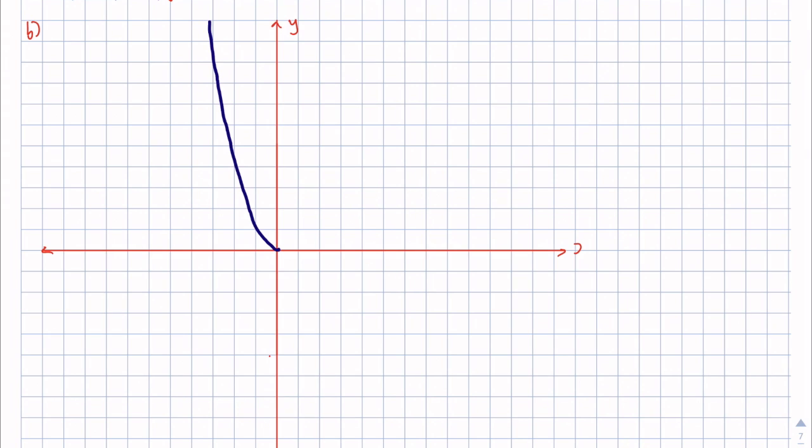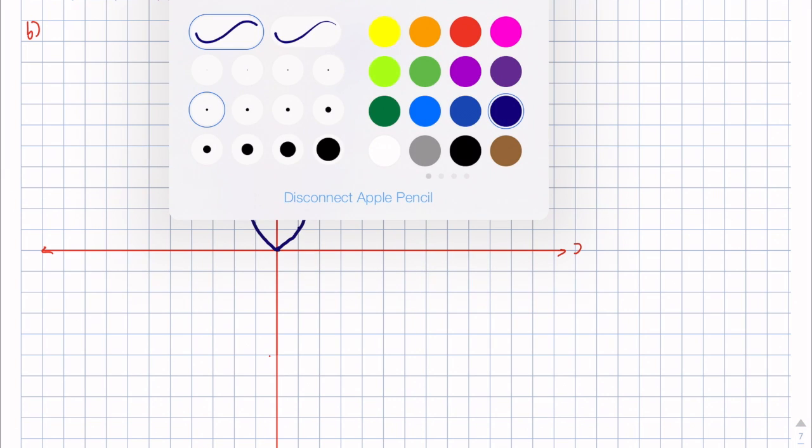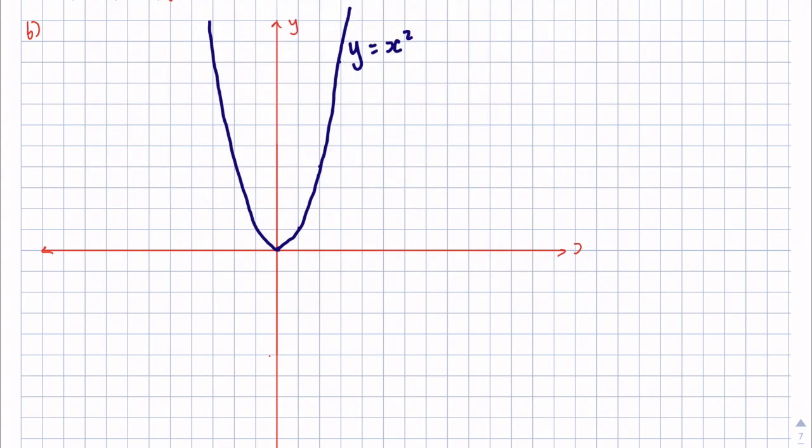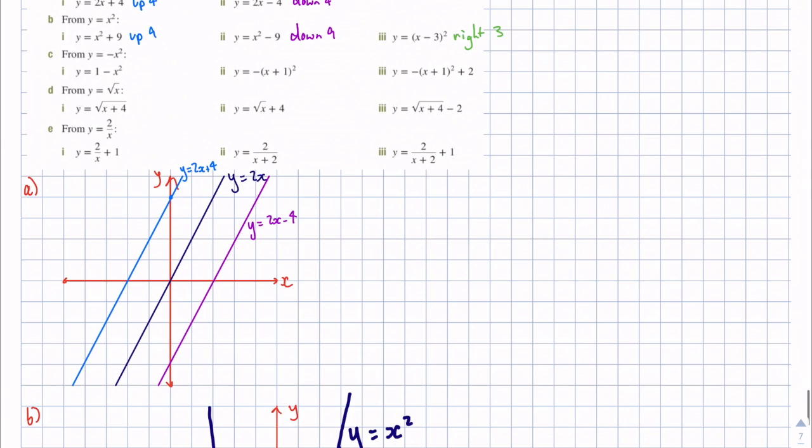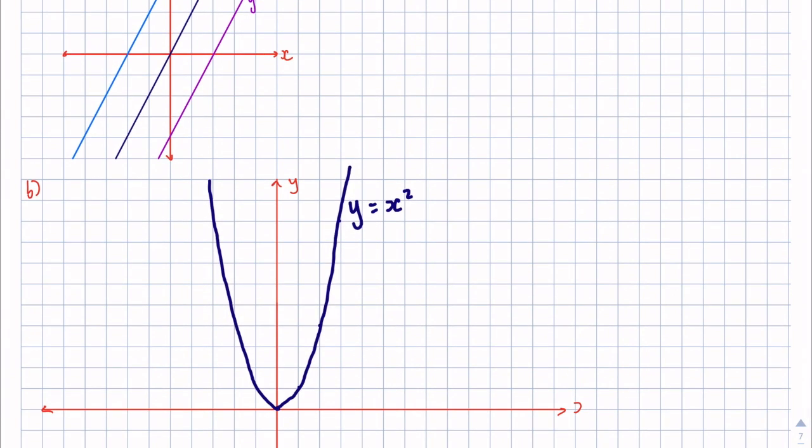Oh, sorry. 1, 2, 3, 4. 1, 2, 3, 4, 5, 6, 7, 8, 9. Should go like that. Okay, so that's just y equals x squared. Now, y equals x squared plus 9 is the same graph. It's just been moved up 9 spots. So it's starting to go up from here.